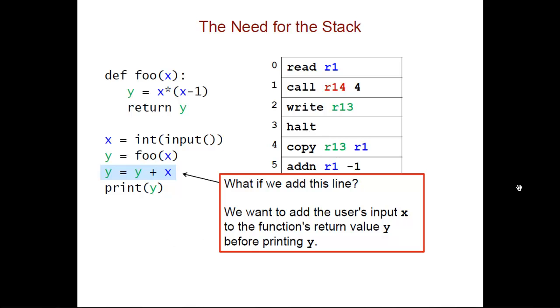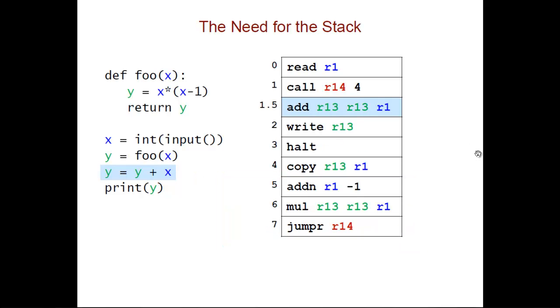Well, it might seem that we could just add this line here, and notice it's taking the return value, which is in R13, and it's adding what's in R1, and then that result is stored back in R13, which is what we ultimately write.